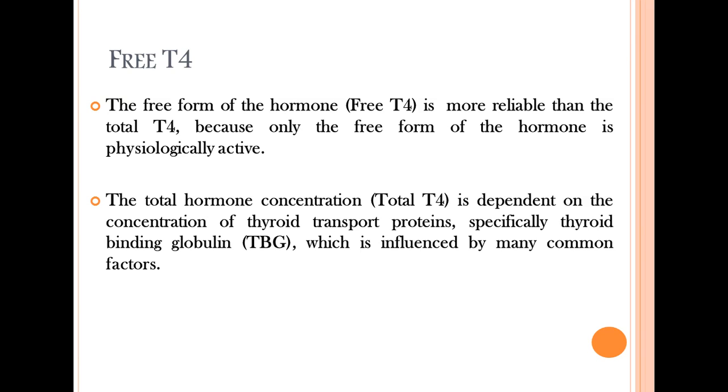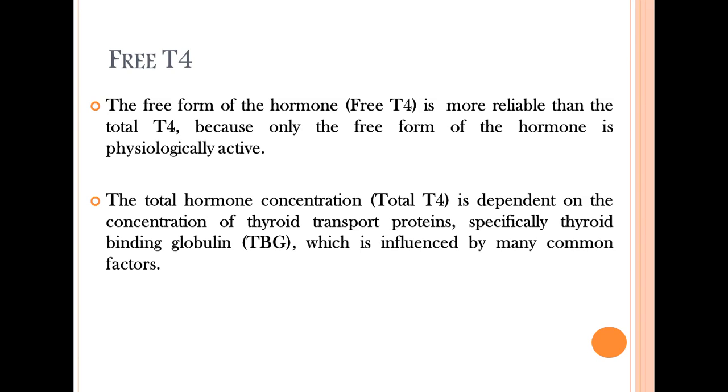Sometimes it may decrease in case of severe illness, or when we have loss of low molecular weight protein, for example in the urine in case of nephrotic syndrome, where there is increased loss in the urine. The thyroxine binding globulin will decrease, and therefore it will give a false indication of the state of the thyroid function.